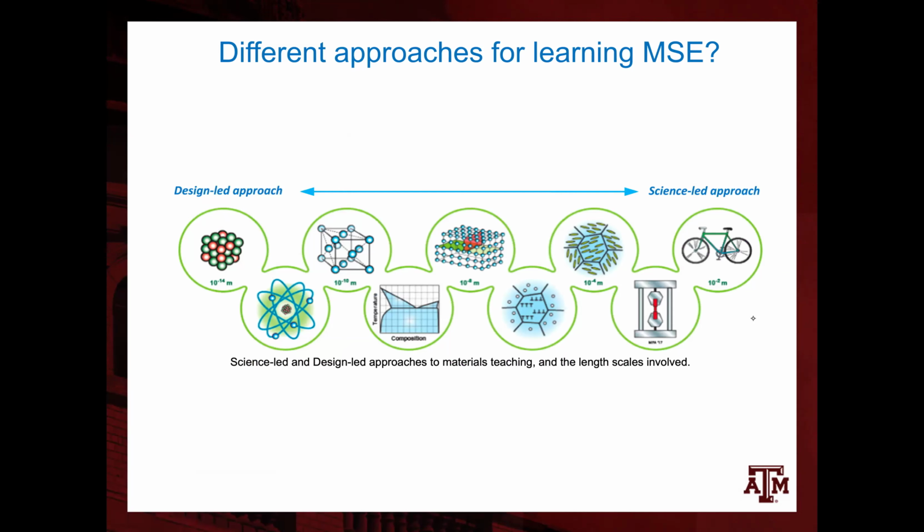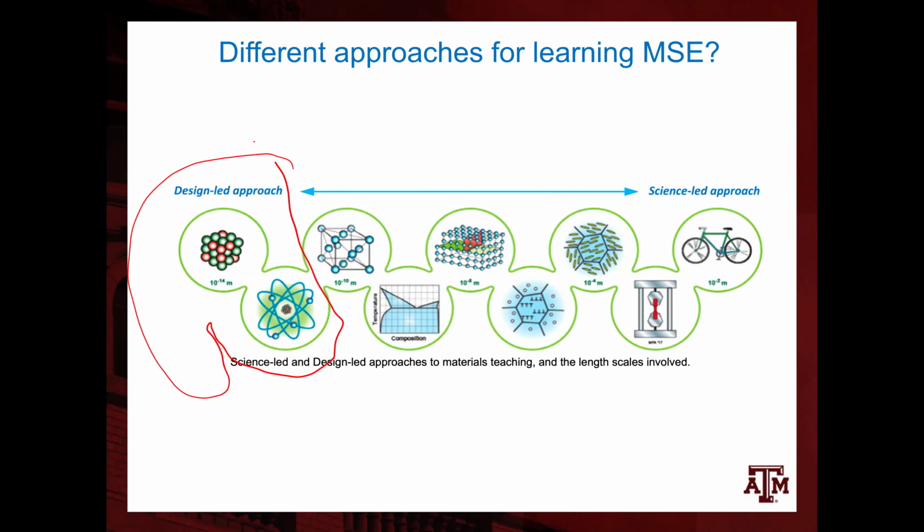So there are two ways to study and learn this scientific field, which is to talk about it from the top-down approach or the bottom-up approach. So we can start from the atomistic scale, right?